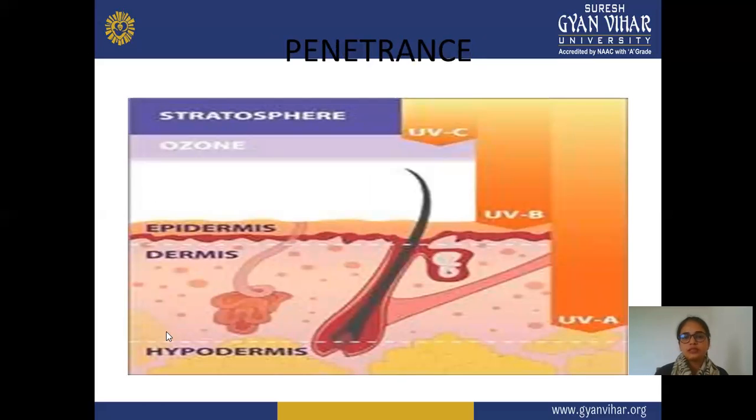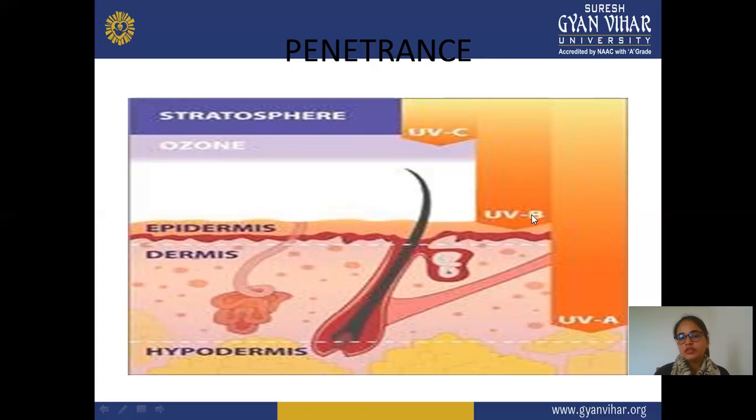Suppose we are applying sunscreen, and this is the three layers of the skin. These are the sun rays that affect or damage your skin. UVA is more harmful compared to UVB and UVC. These are the three UV rays of the sun that affect or tan your skin. UVA is more dangerous compared to B and C. It penetrates directly into the hypodermis, inside your skin.